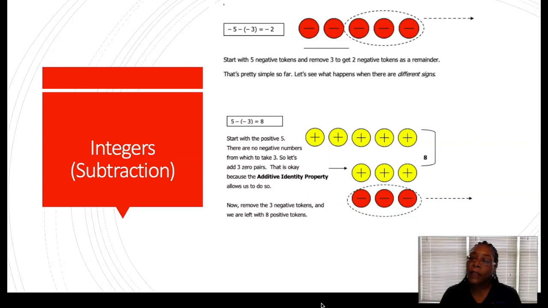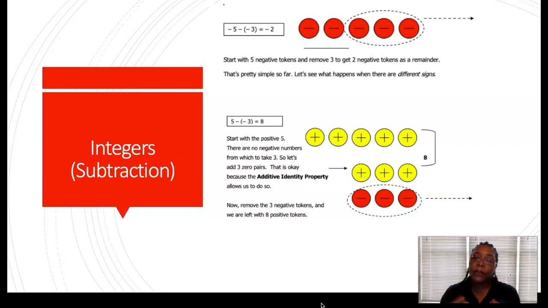Very simple. The signs are the same, no problem. But when I get to these ones where the signs are different, or unlike, in subtraction, I want to think about it and go through the thought process. If I have 5 positive counters and it tells me I'm going to subtract -3, well, I don't have -3 to subtract at this time, but my zero pairs allow me to place those on the mat so that I can get rid of this -3.